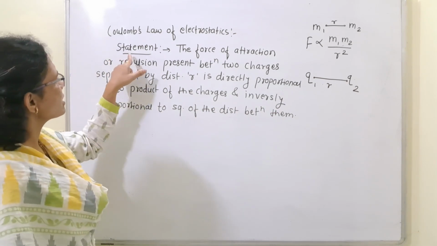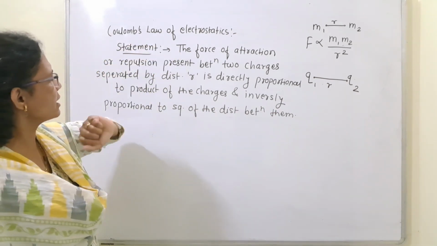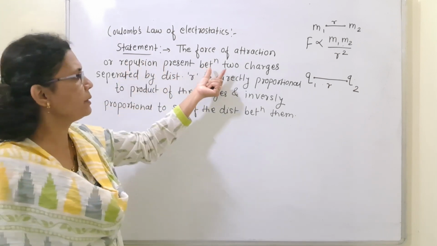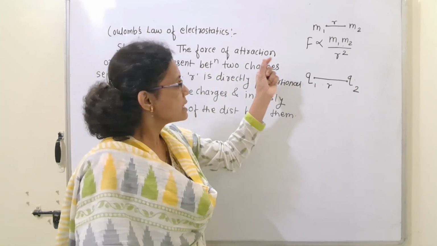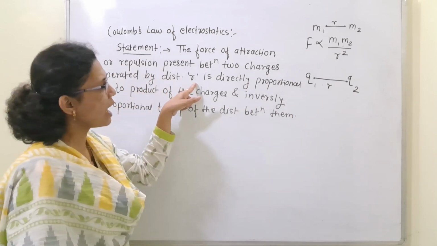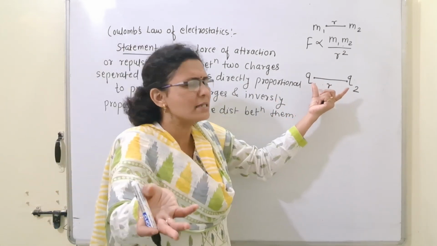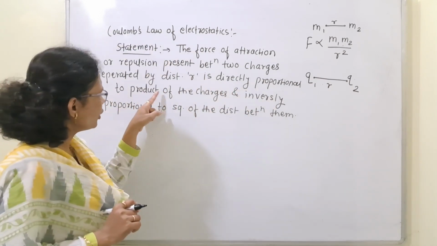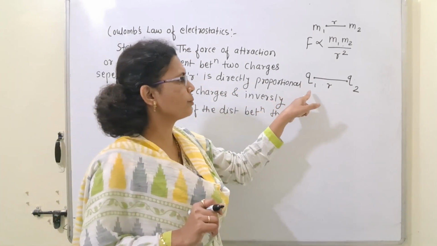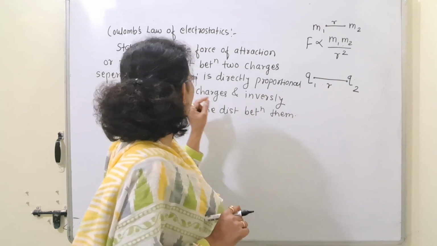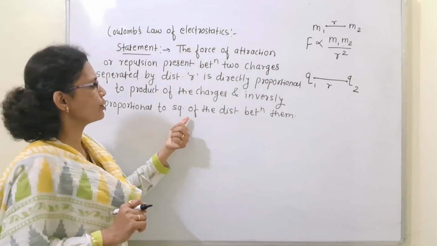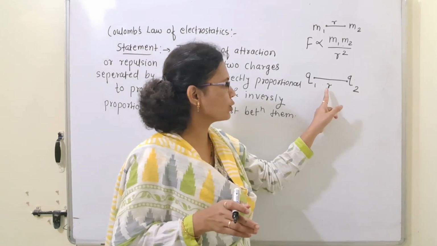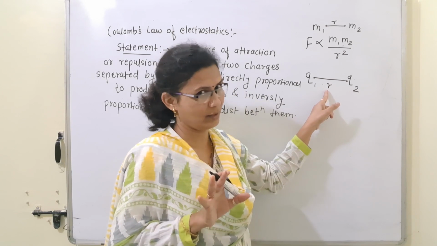That is the statement of Coulomb's law of electrostatics: the force of attraction or repulsion present between two charges separated by some distance r is directly proportional to the product of the magnitudes of the two charges, and inversely proportional to the square of the distance between them.